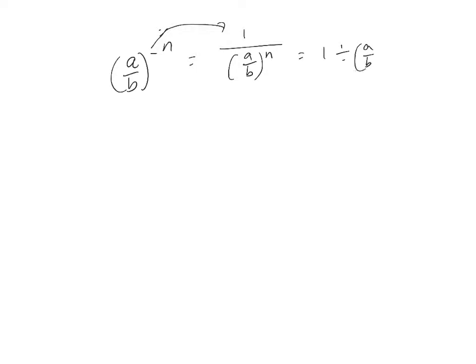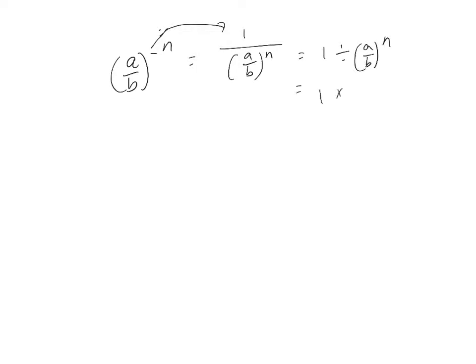So to generalize fractions where the base is a fraction, I'm going to write the following. If I have a over b to the power of negative n, there's a couple of ways. If you want, you can take the long route, meaning 1 over, so the negative indicates that there is a reciprocal. You can put a over b to the power of n. You can take 1 divided by a over b just to rewrite it out.